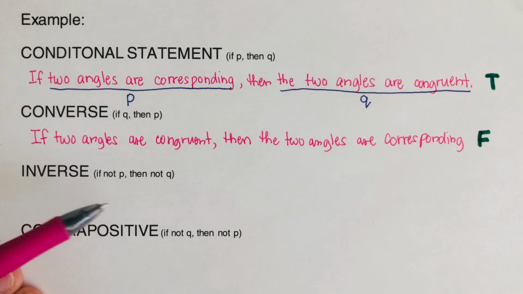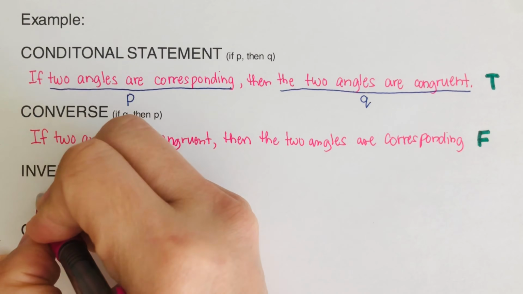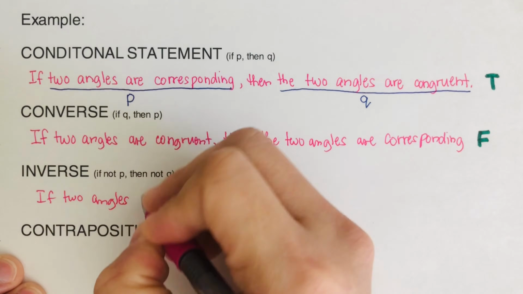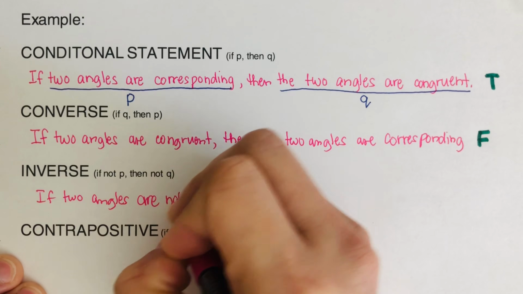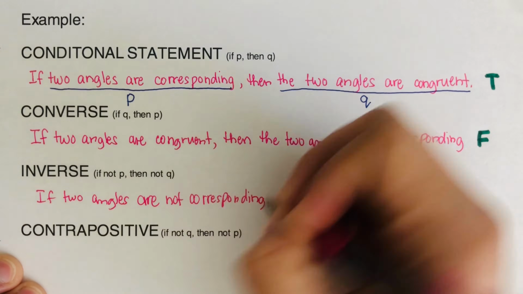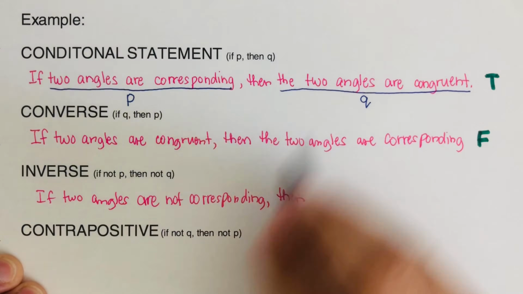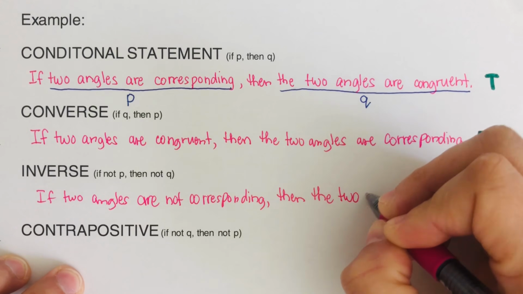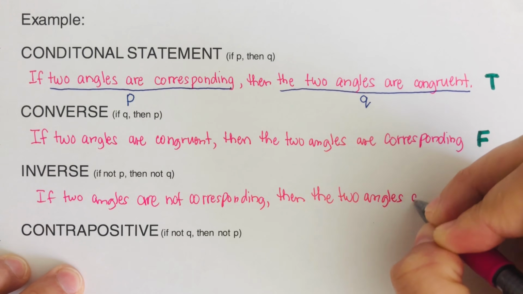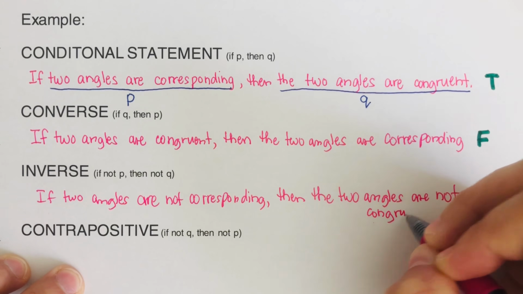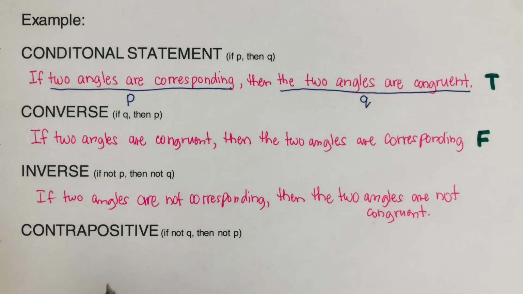Again, negate means we just put a not on the P. So if two angles are not corresponding, then not Q. So then the two angles are not congruent. So if two angles are not corresponding, then the two angles are not congruent.